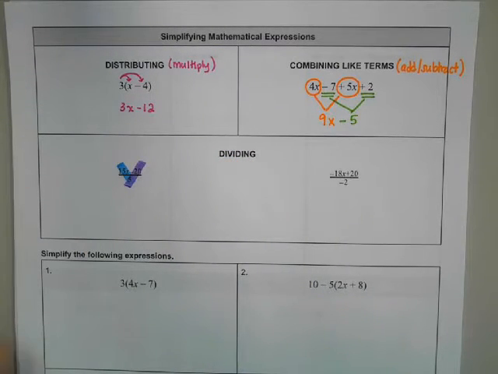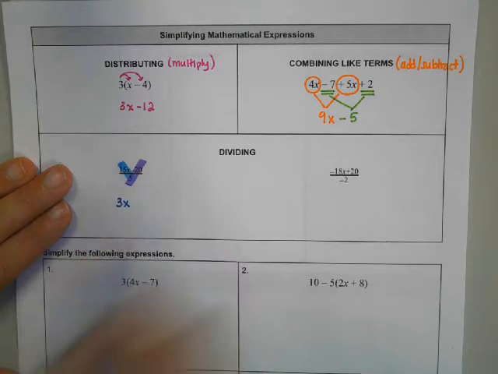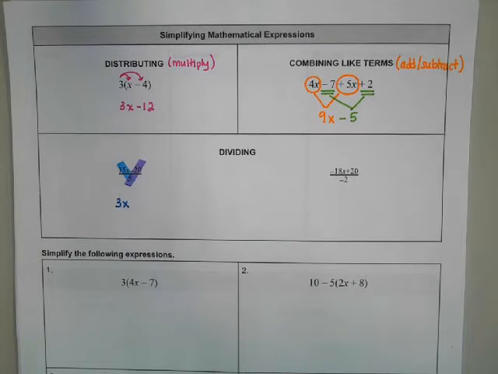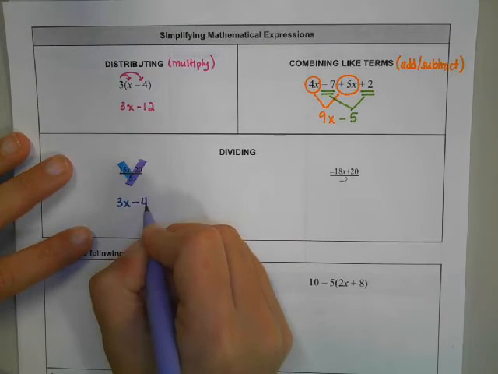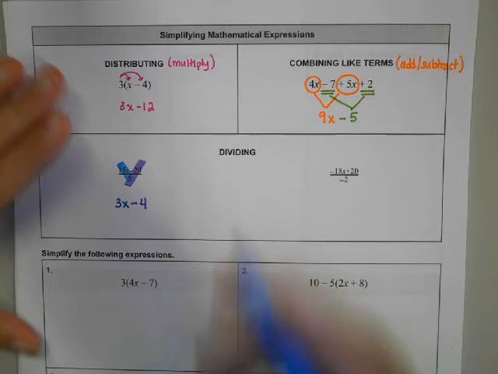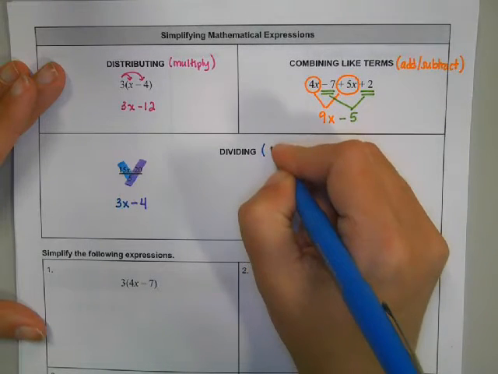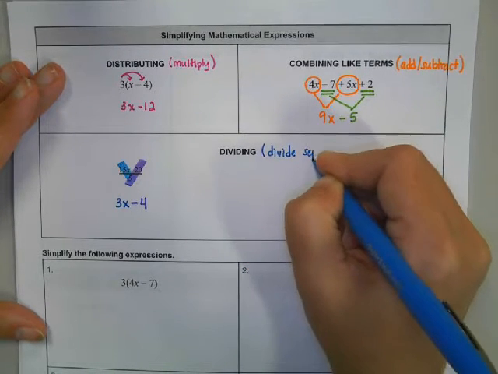Let's do that one at a time. 15x divided by 5 gives me 3x. And negative 20 divided by 5 gives me negative 4. So my simplified expression would be 3x minus 4. The big rule when you're dividing is that you just divide each separately.